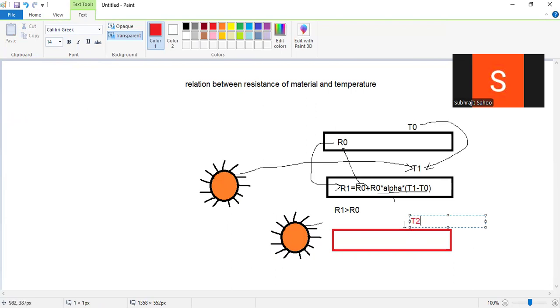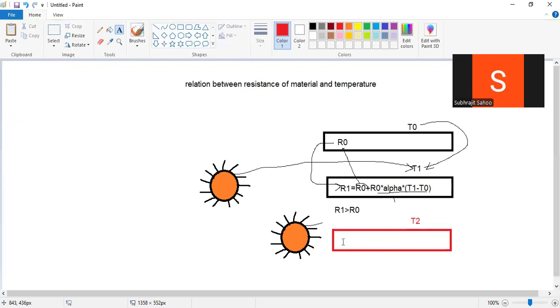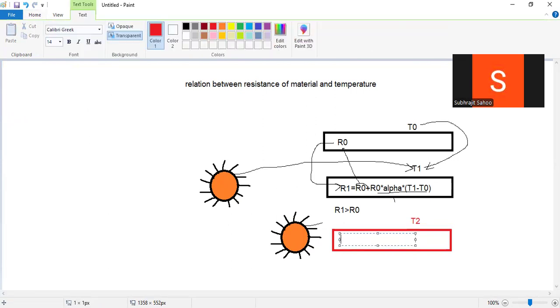So if the temperature is T2, then definitely the resistance will change again. So suppose the resistance is R2. Sir, what is the R2 value? What is the initial resistance value when there is no effect of temperature, normal atmospheric conditions?